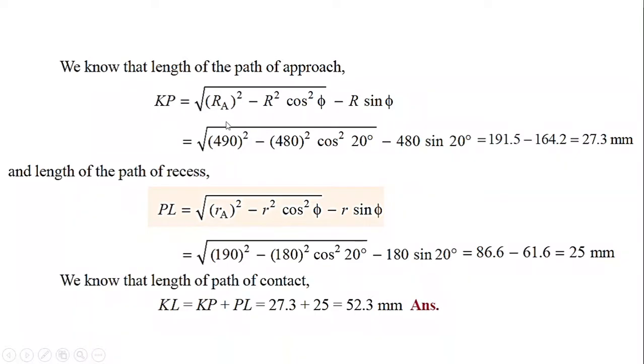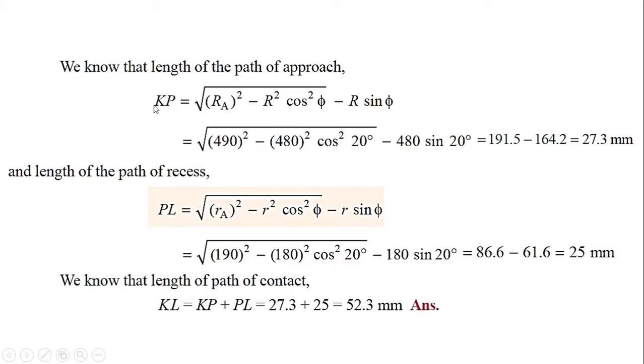Now we apply the RA and R values in this formula and solve, and we get KP equal to 27.3 millimeter. Length of path of recess PL equals square root of small RA squared minus small r squared cos squared phi, minus small r sin phi. We already found the small RA and small r values, so directly apply them into this formula and solve to get the PL value.